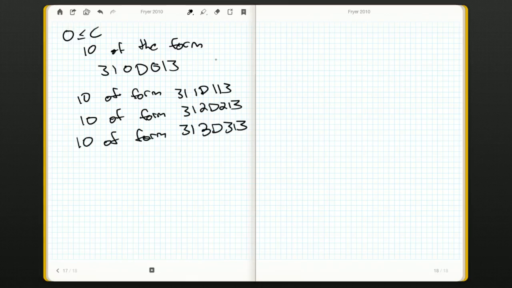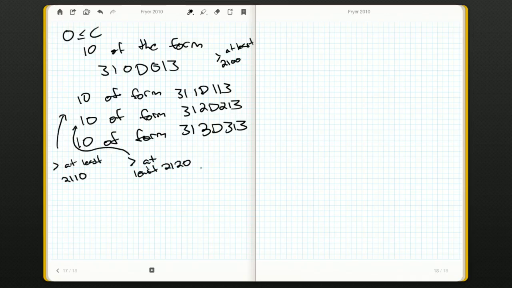So these guys are bigger than at least 2,100. These are bigger than at least 2110. Bigger than at least 2120. Bigger than at least 2130 palindromes.